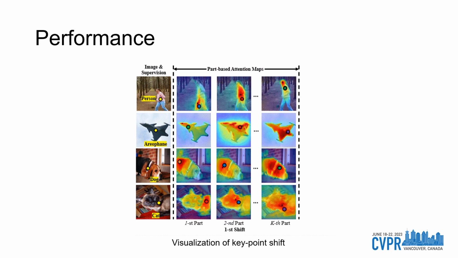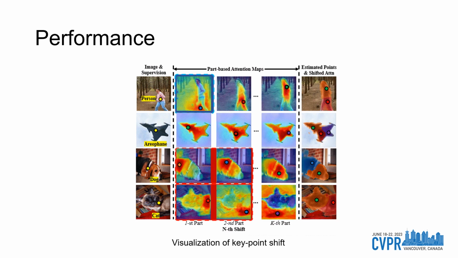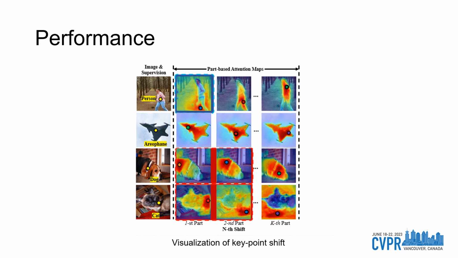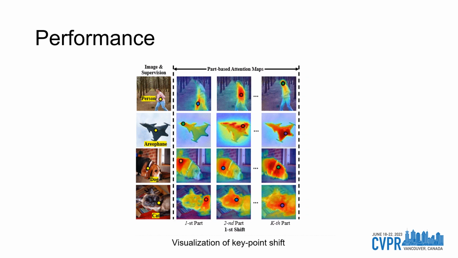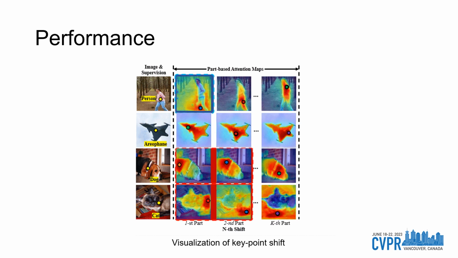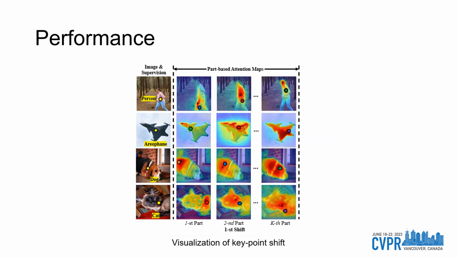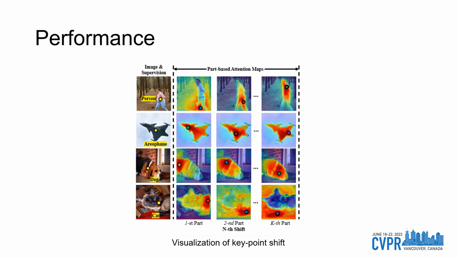This visualization demonstrates the process of key point shift. Initially, the key points are randomly initialized, and then iteratively adjusted toward semantic extreme points within each object during the shift process. Any key points that have shifted to the background or regions of low relevance are filtered out. This helps eliminate noise and ensures that only meaningful key points remain.